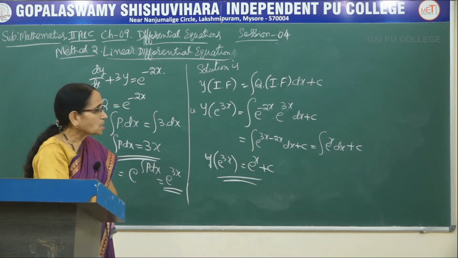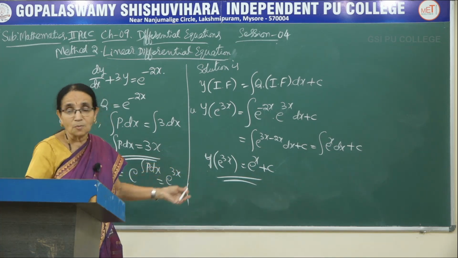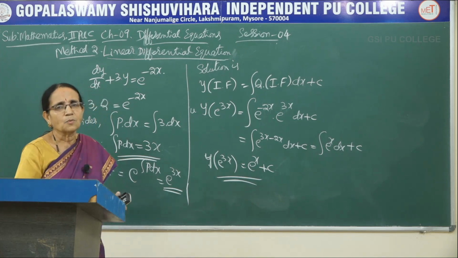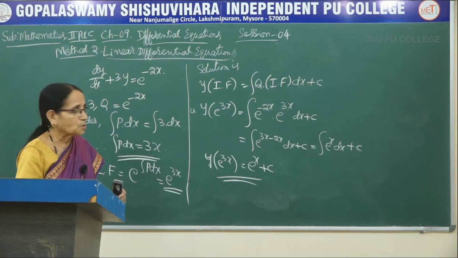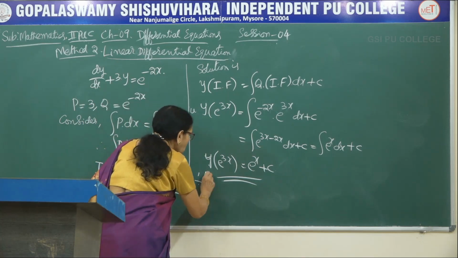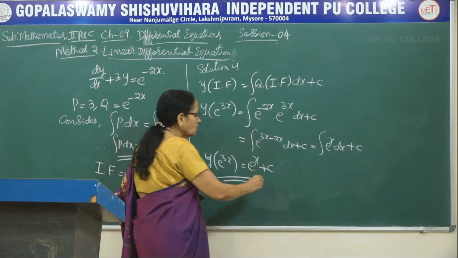See, you can stop here itself. This itself is the solution here. Or generally, I have told you already in one of the earlier problems, generally we try to write the function as y is equal to fx. So if you want to write that, first you have to divide by e to the power 3x on both sides.